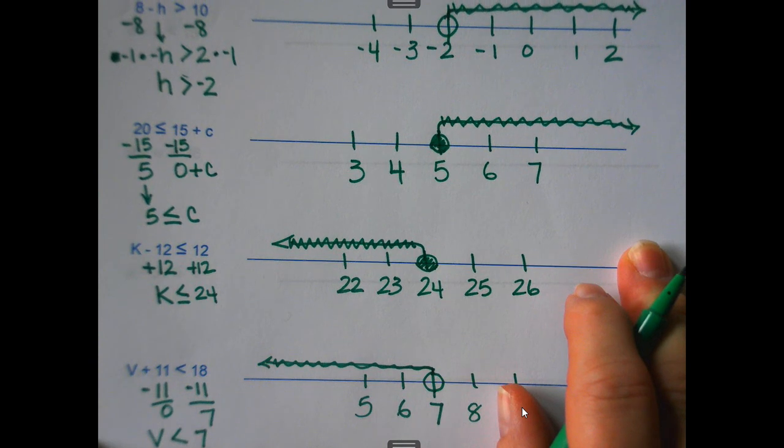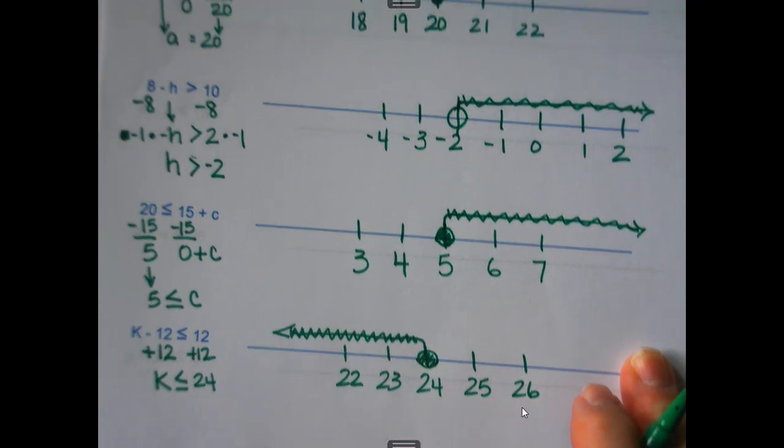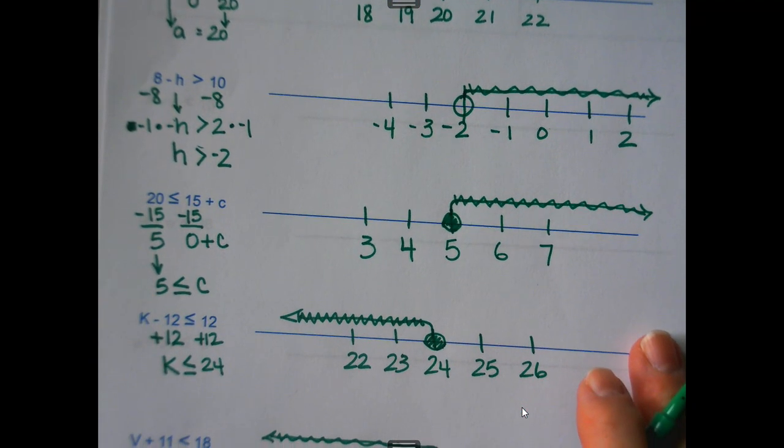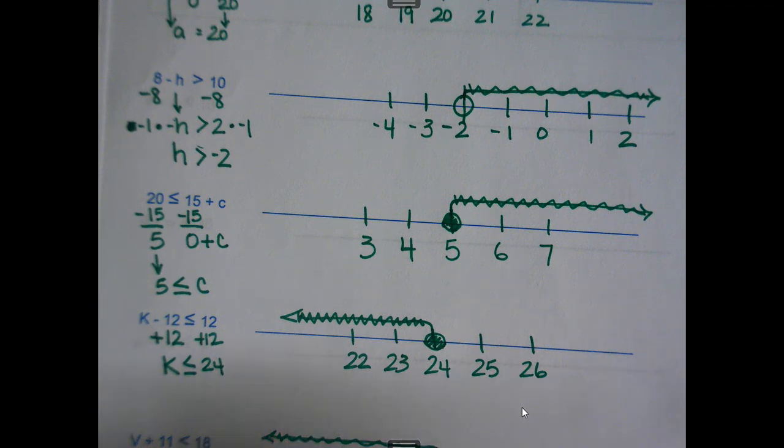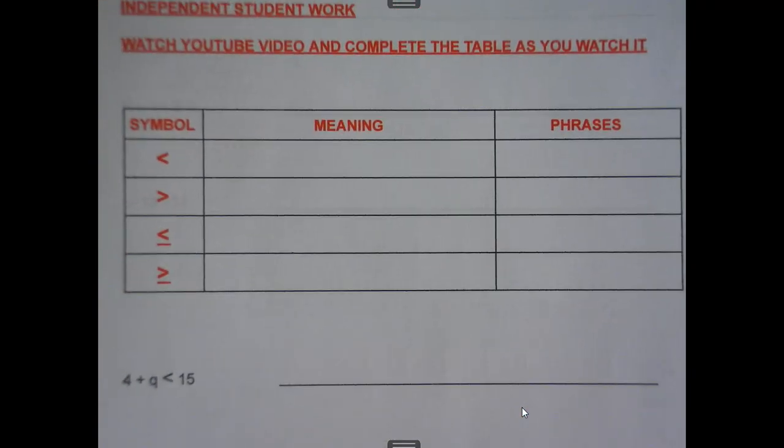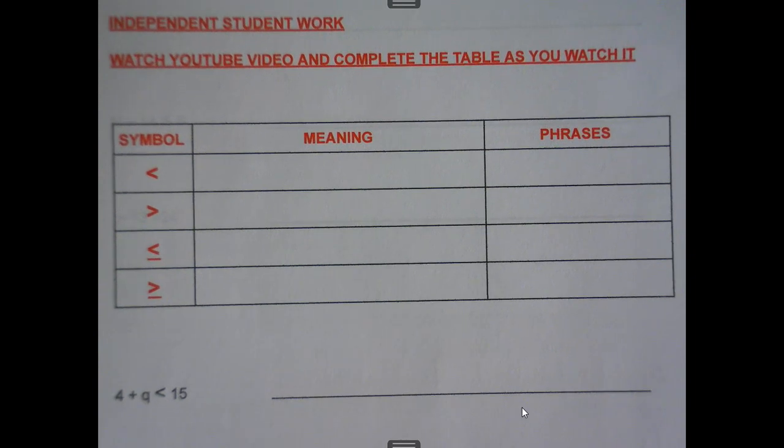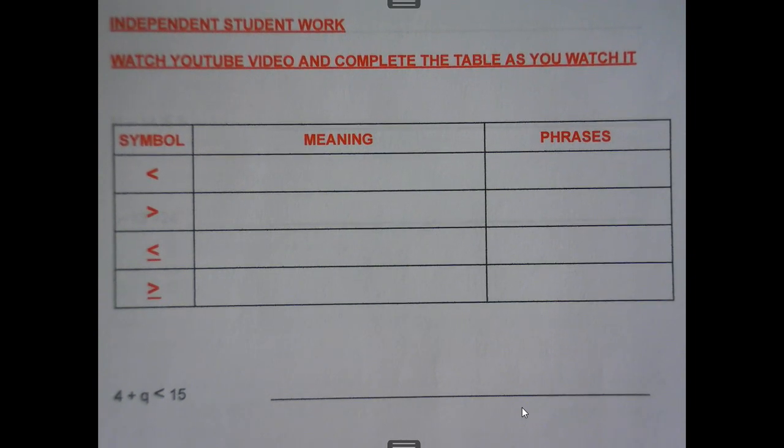Now you've got a few examples here to look at. Please remember that you can replay anything. You can pause your video as you need to. When I take a look at the next page, there is on the top, the next page, there is a table for you to fill out after you watch a YouTube video about inequalities.